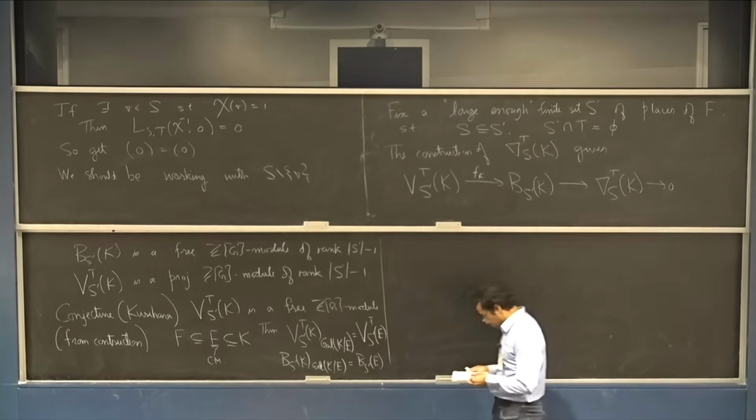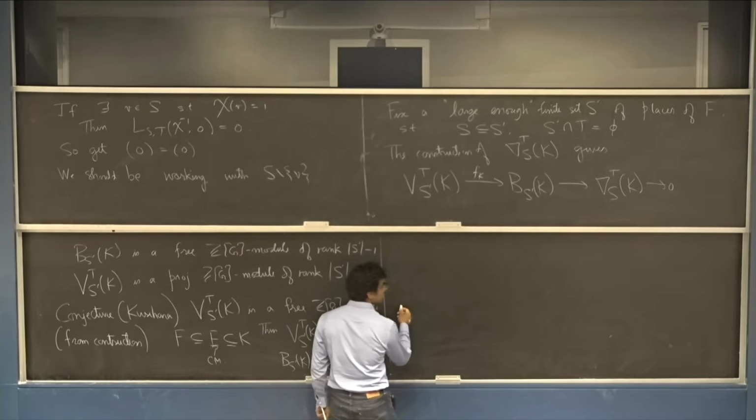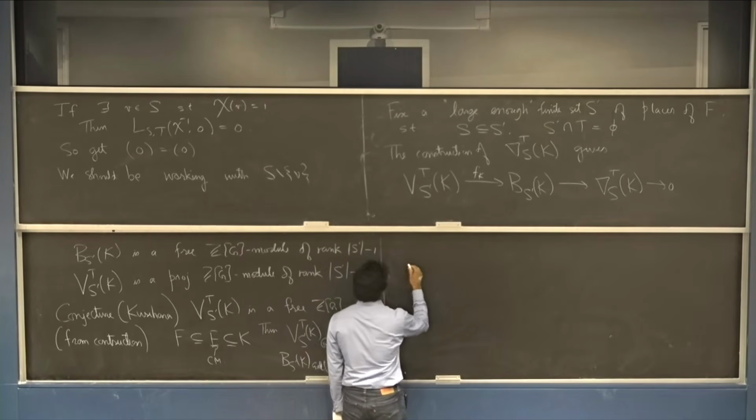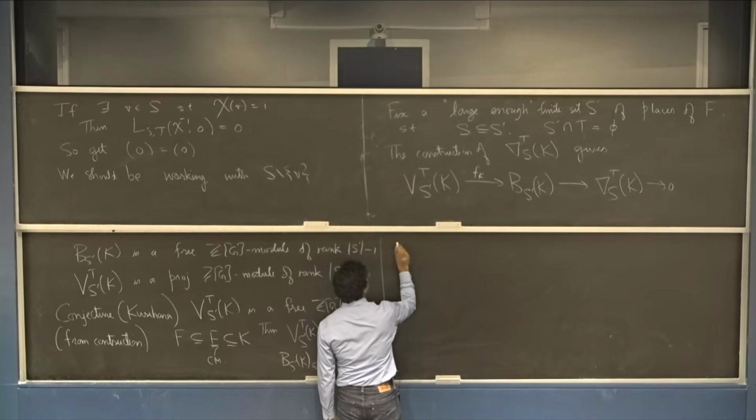So the following was conjectured by Kurihara, and he proved that this is equivalent to ETNC.